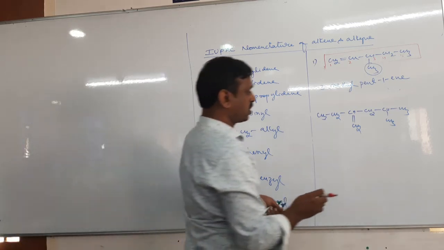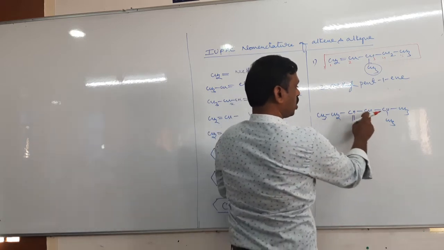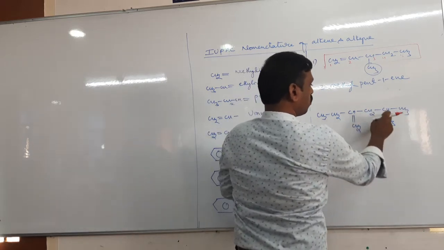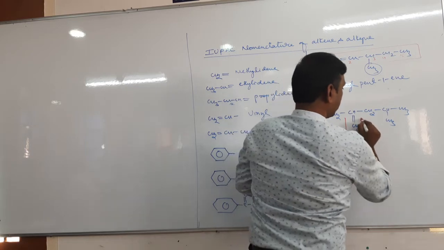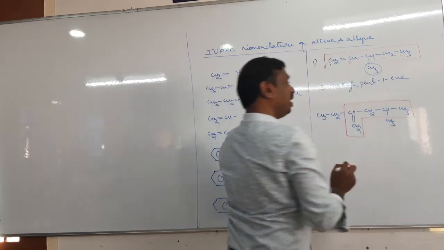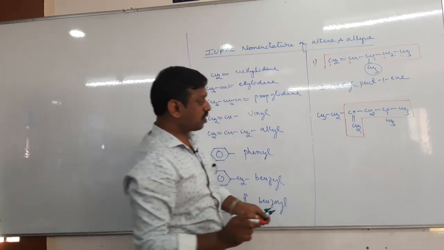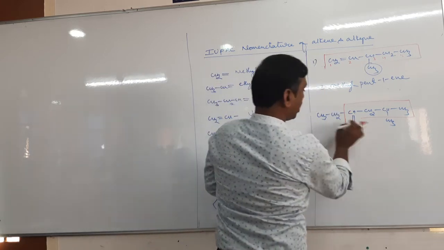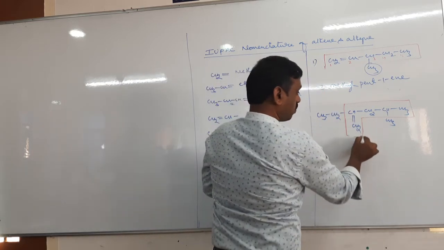So select the parent chain. 1, 2, 3, 4, 5. 1, 2, 3, 4, 5. So the parent chain having the maximum number of carbons and double bond. This side, this side, that's what I'm telling now.